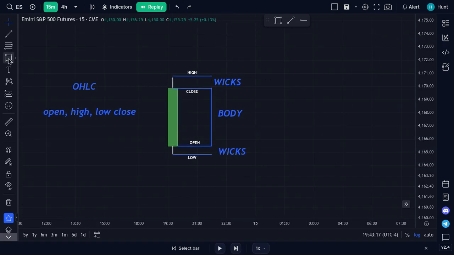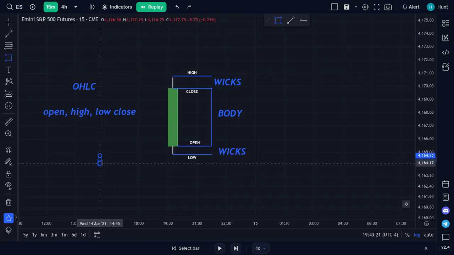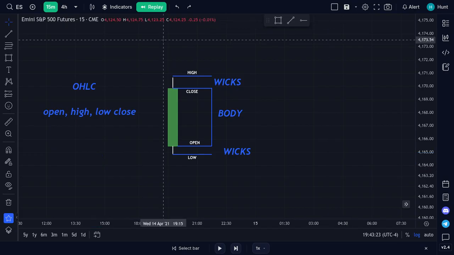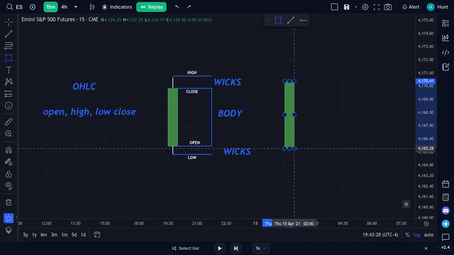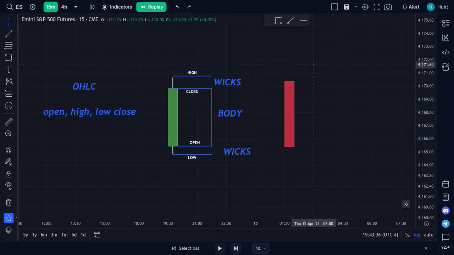So now I will do the opposite for a bearish candlestick. So let's say that this is a bearish candlestick. Remember, not all the bearish candlesticks are actually going to look like this, but this is the simplest form of it.